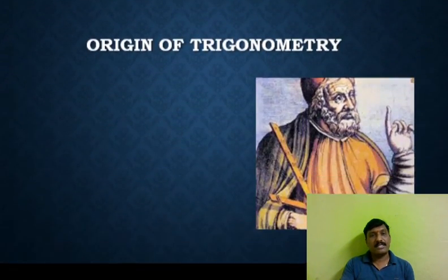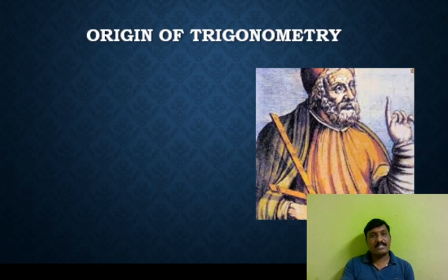So now let us see a brief history of the trigonometry topic. You can see the person on the screen is Hipparchus, a Greek mathematician, who established the relationship between the sides and angles of a triangle. Greek trigonometry was further developed by the Hindu mathematicians.